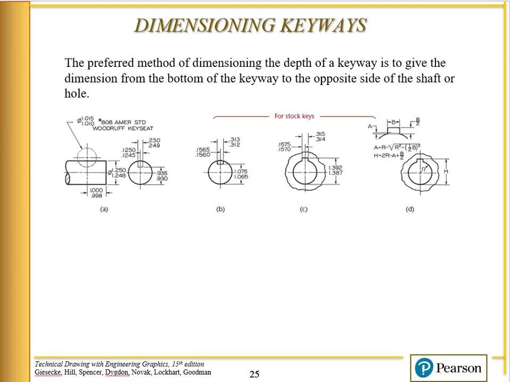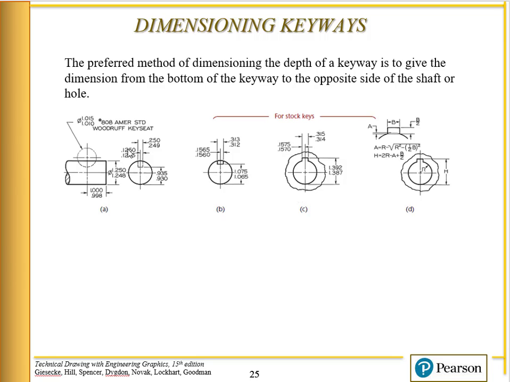Dimensioning keyways. What we do on a keyway is we dimension the width of the keyway. The keyway has to be on the center line of that cylinder. So we have the overall width of the keyway, and then we have half the width of the keyway that goes to the center line.